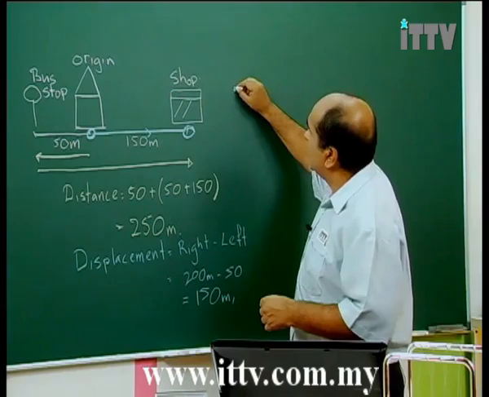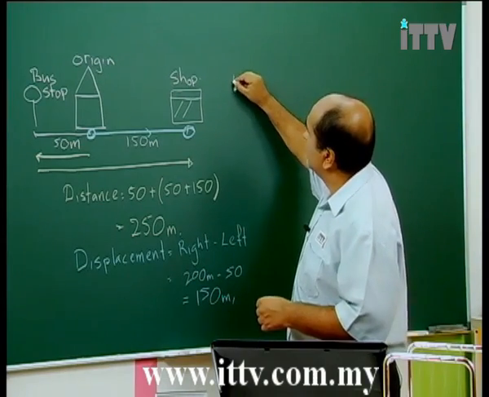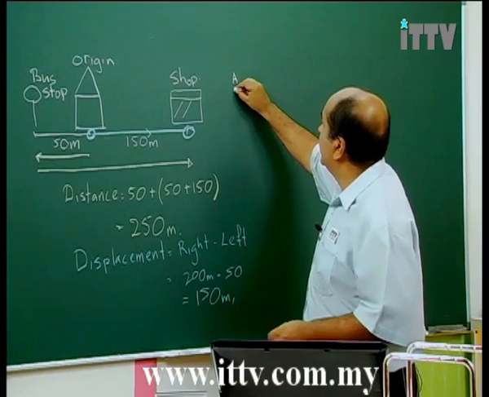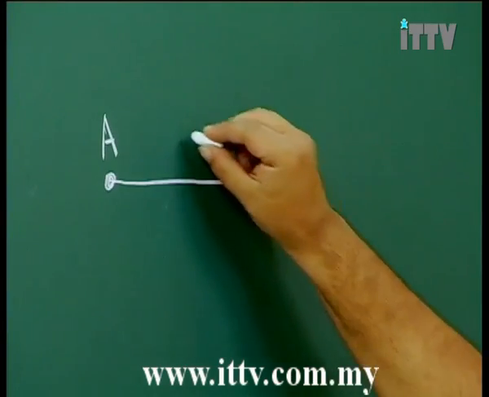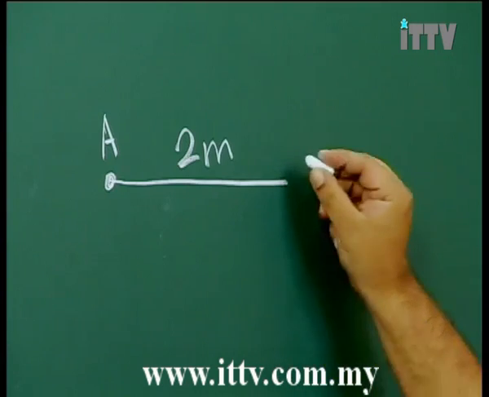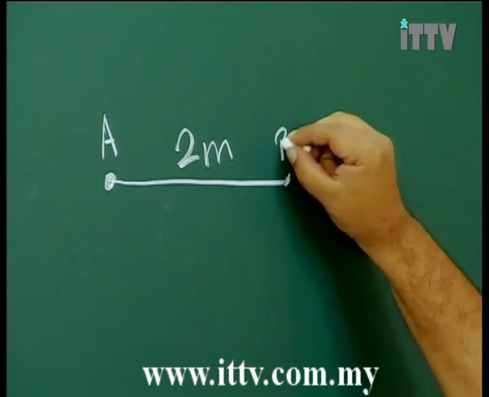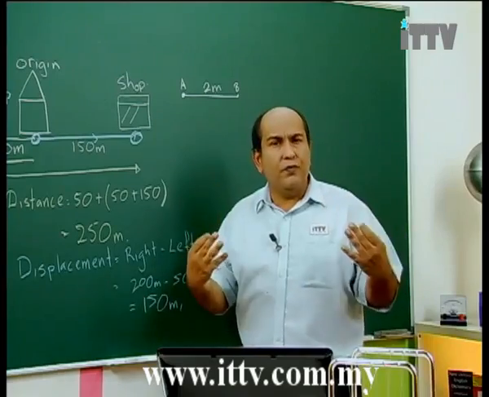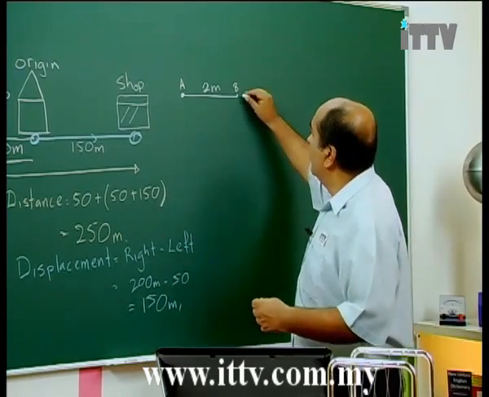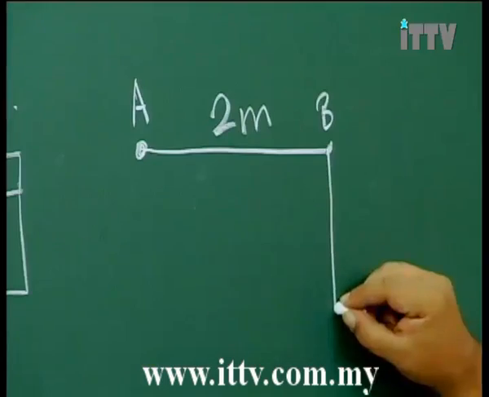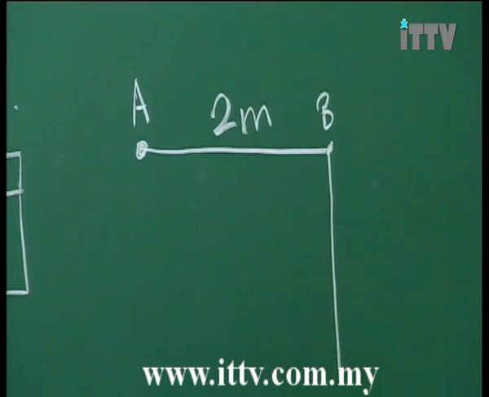What if I started at point A, and from point A I moved 2 meters to the right to point B, and then at point B I moved again, but I moved downwards or in a southerly direction, like so.